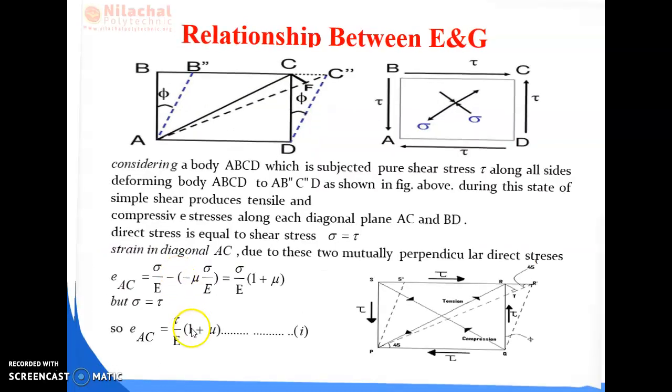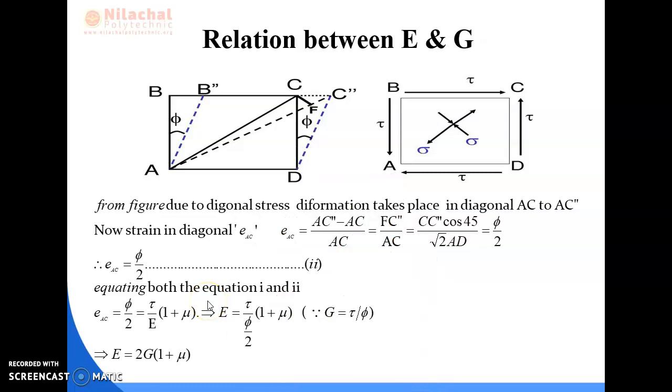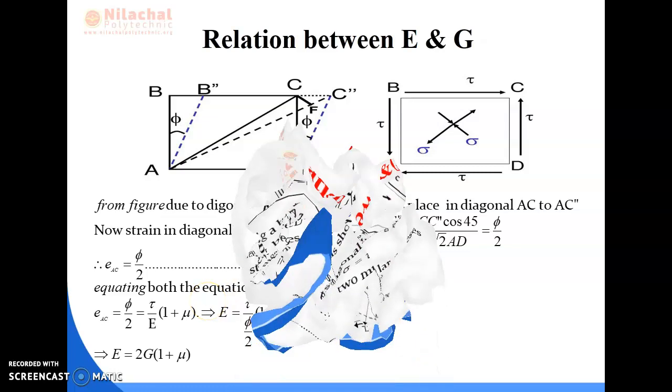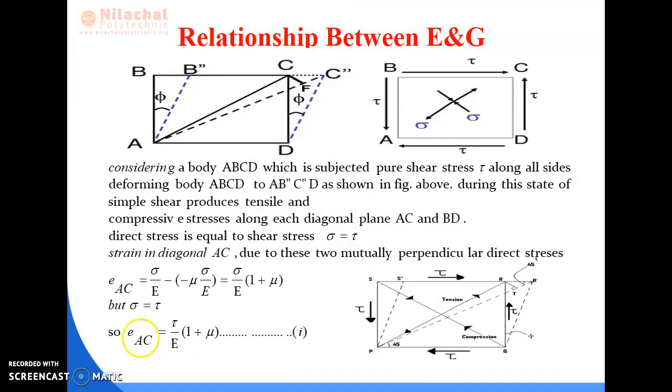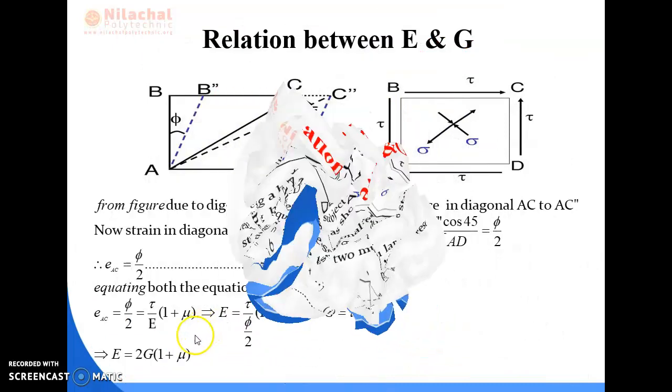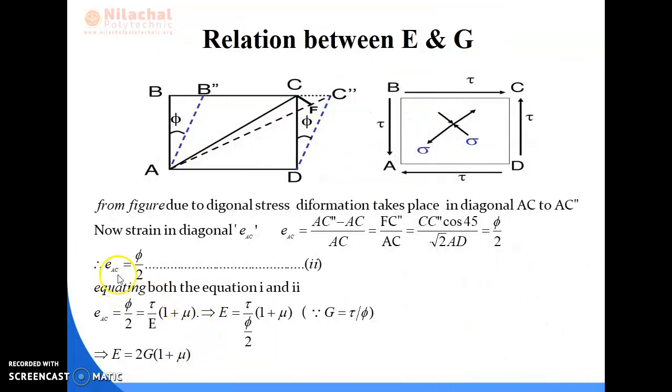From equation 1 we have EAC is equal to tau by E into 1 plus mu. Another is EAC is equal to 5 by 2. Now equating both equations, we have EAC is equal to 5 by 2 equal to tau by E whole bracket 1 plus mu.